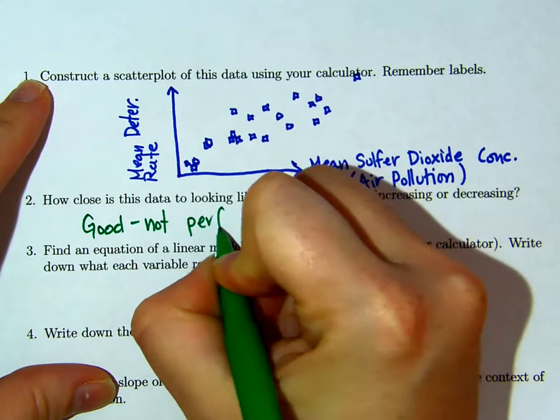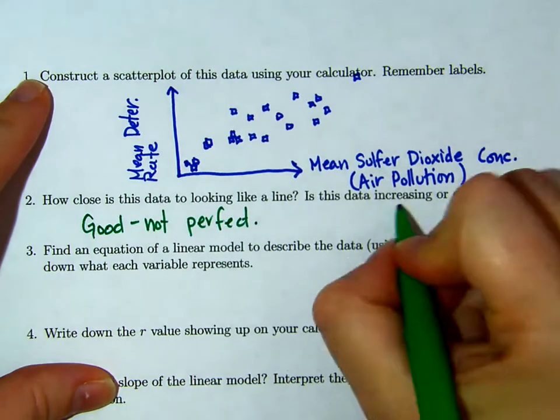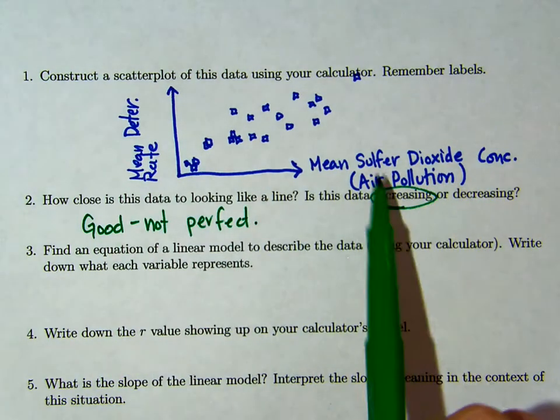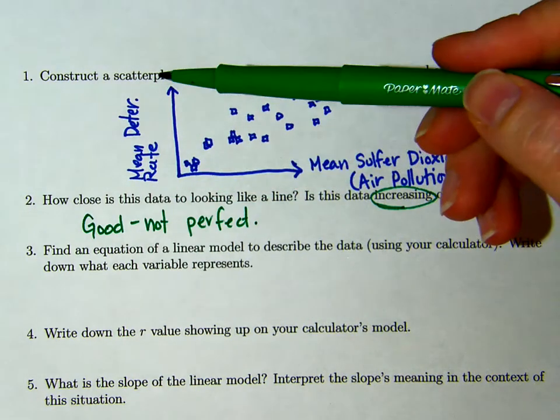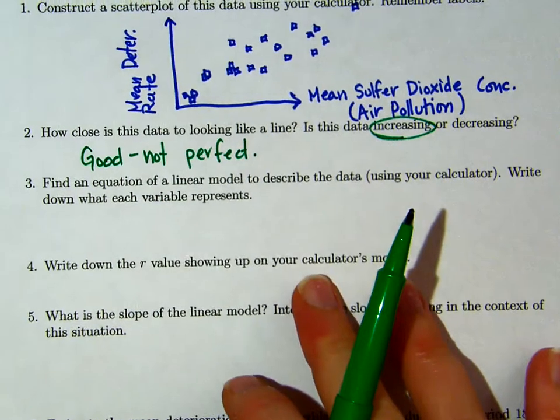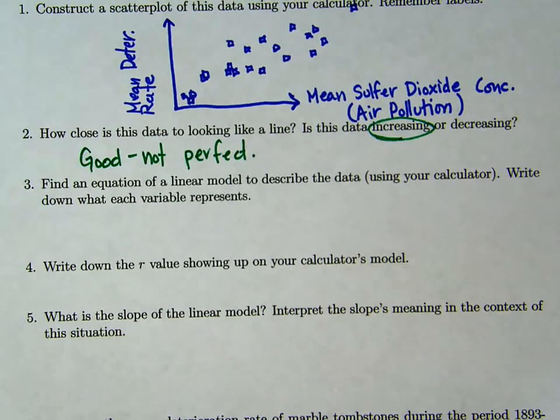Not perfect, and increasing. So as air pollution goes up, then the deterioration goes up. Find an equation of a linear model to describe this data using your calculator so that it finds the best fit instead of you guessing the best fit, right?